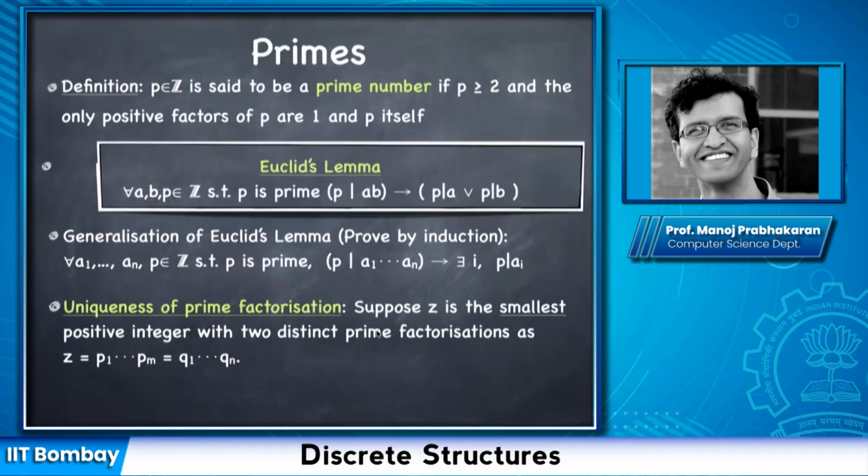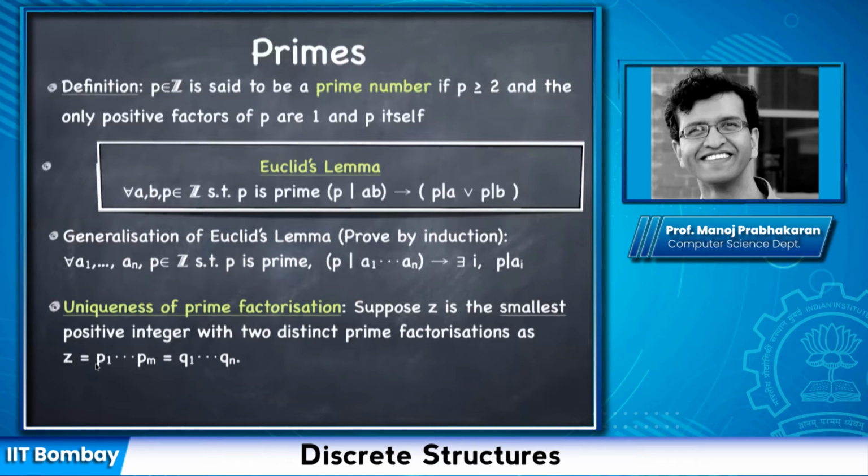Let's pick the smallest such integer, say z, and it has two distinct prime factorizations. Let's say those are p1 to pm and q1 to qn. Here I didn't indicate prime powers because I'm just going to repeat. If I want two copies of p1, I'll just have p1 times p1, so p2 will be equal to p1.